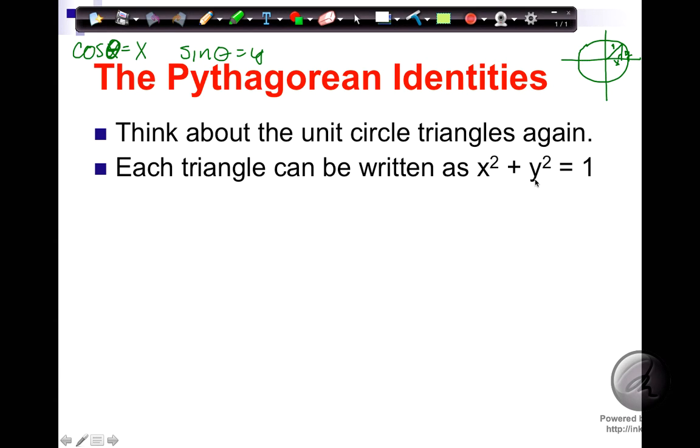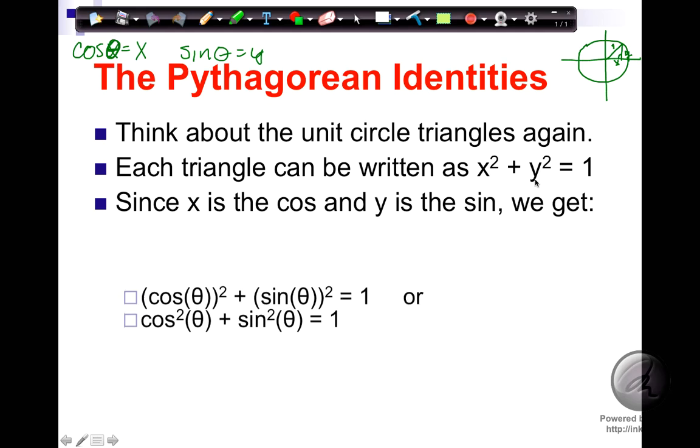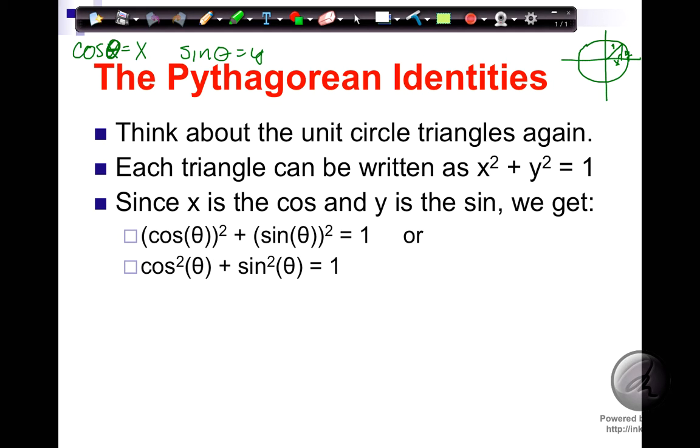So we get our very first big identity, saying that cosine squared plus sine squared is equal to 1. You need to know that these two things are exactly the same thing. So notice how here the square is on the cosine, around the whole cosine, but normally we write it like this, where the square is above the cosine. So this square does not go to the theta, but it goes to the cosine itself.